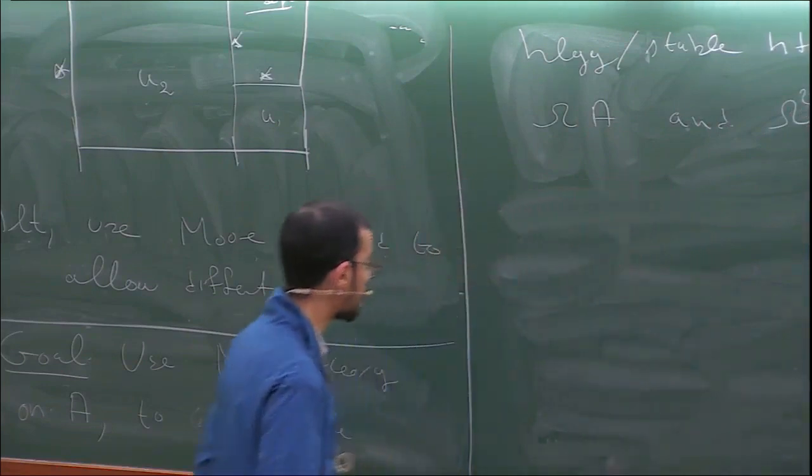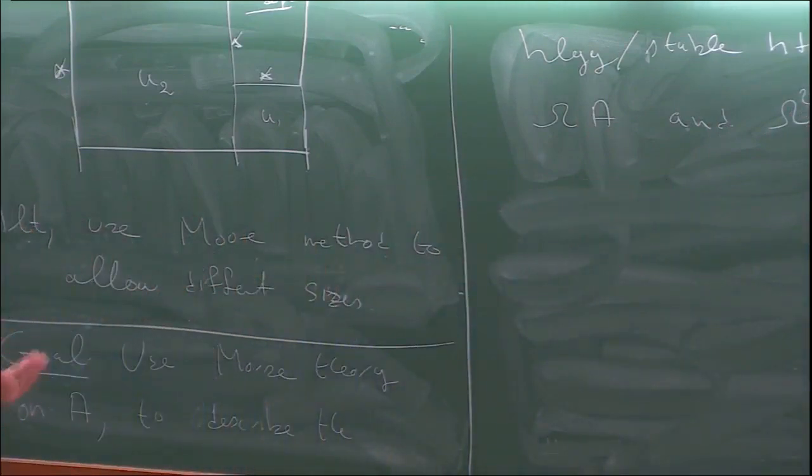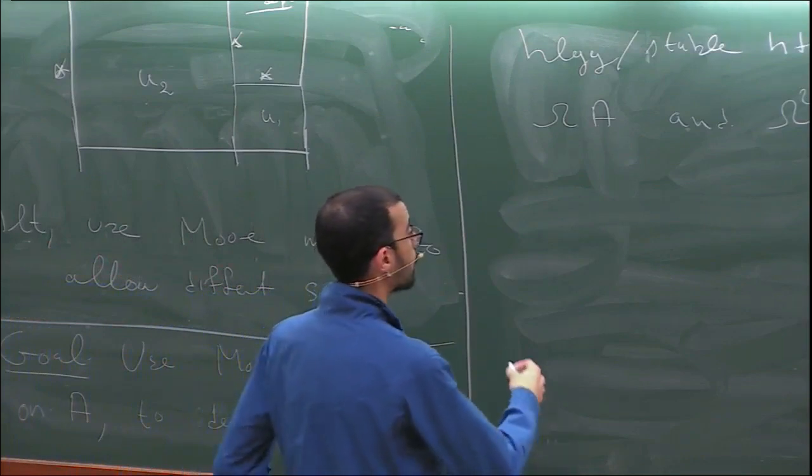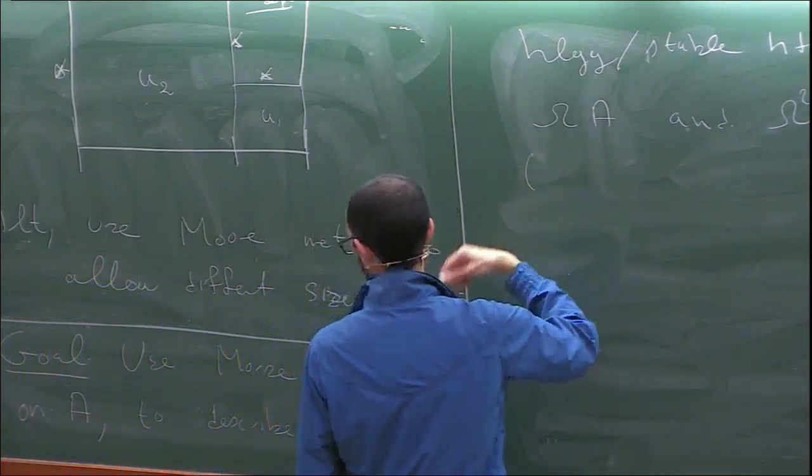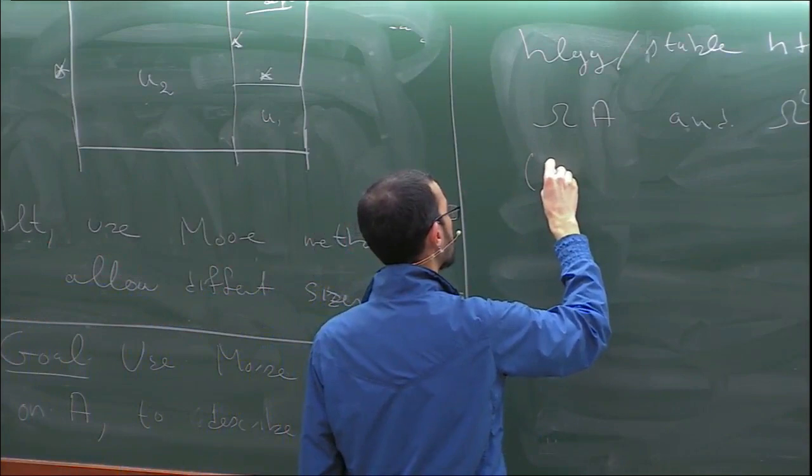Okay, and this will basically take this lecture and the next one if everything goes according to plan. So we will see this at the end of the next lecture.